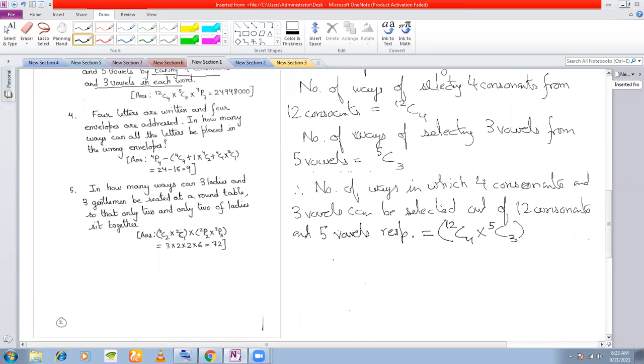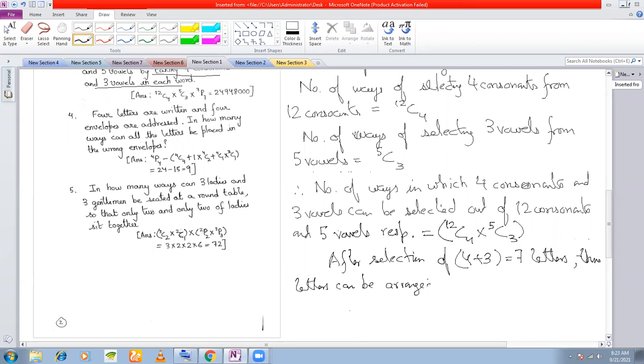Now, after selection, of 7 letters, right? 4 plus 3 equal to 7 letters. These letters can be arranged among themselves in 7P7 equal to factorial 7 ways, right?